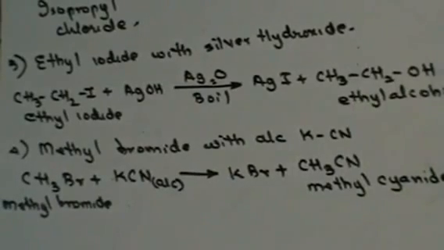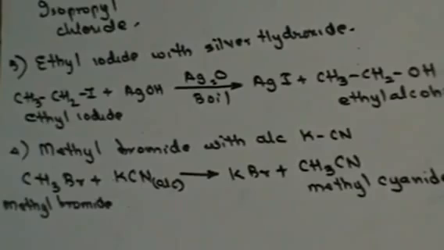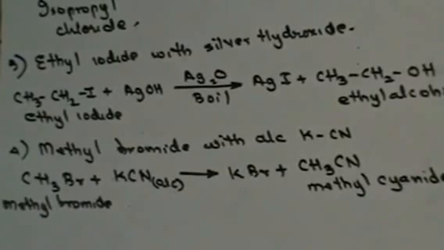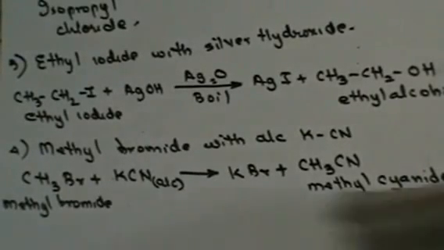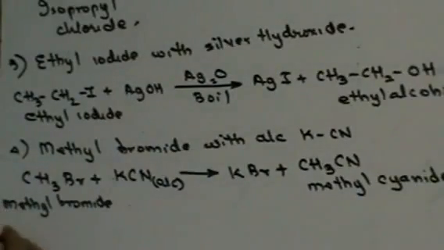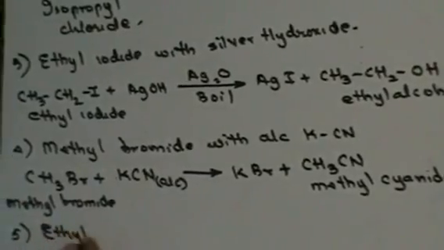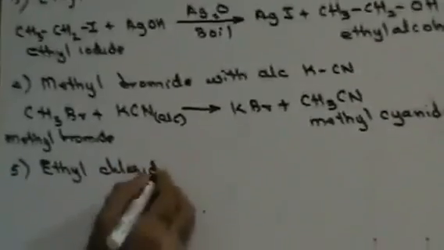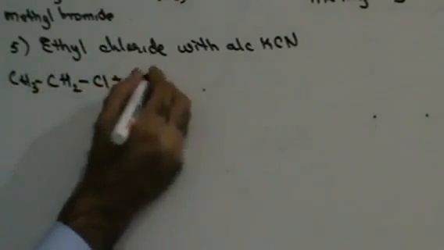Now besides methyl, you could also have this reaction with ethyl. So in that case, suppose I have ethyl chloride reacts with alcoholic potassium cyanide. Right? Ethyl, 2 carbon atoms, chloride, Cl, CH3 CH2 plus KCN, alcoholic.